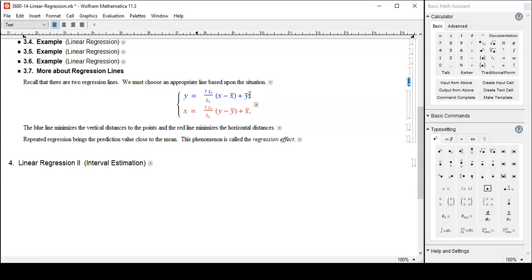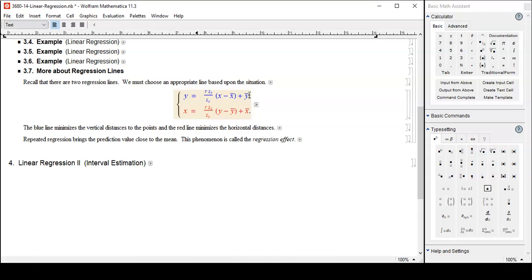You can do either this regression analysis in blue or that regression analysis in red, depending upon which way you go. What I like to do is just stick to the same formula, the top one, the blue one, when you know X and you're going to find Y. And when you have to go the other way around, just switch X and Y.